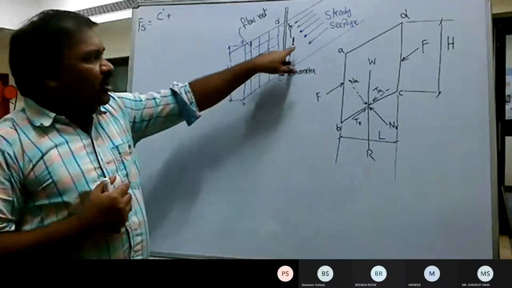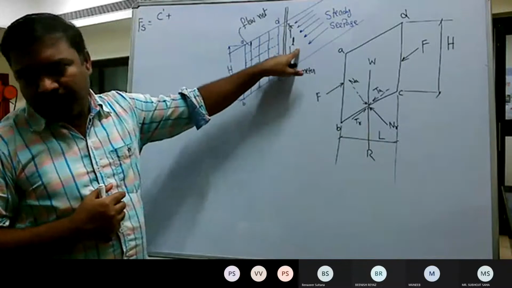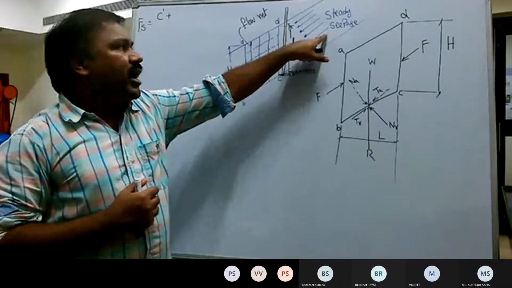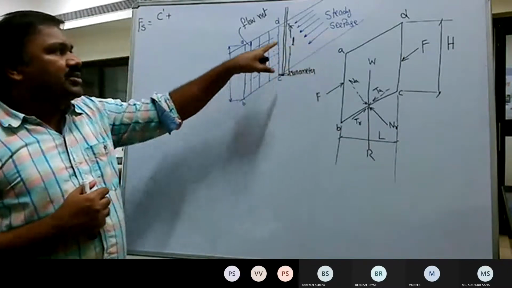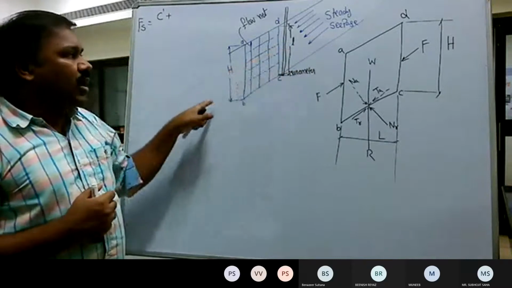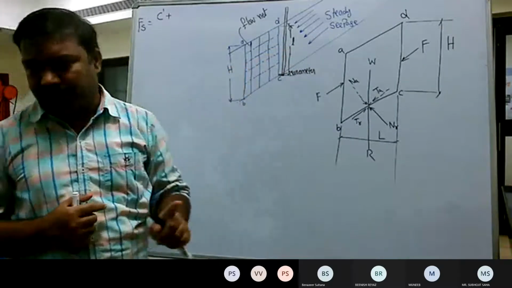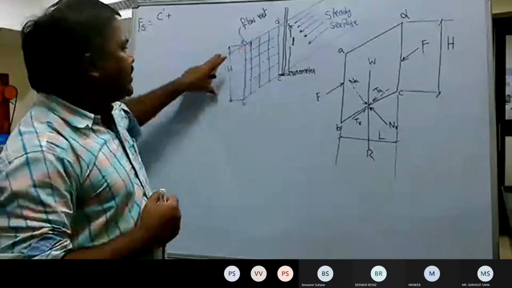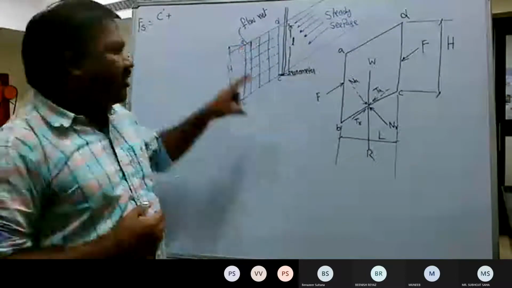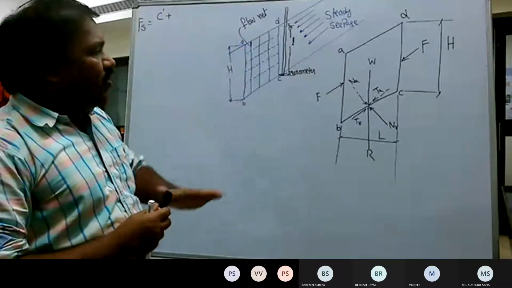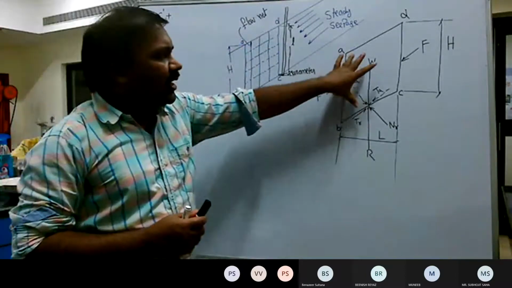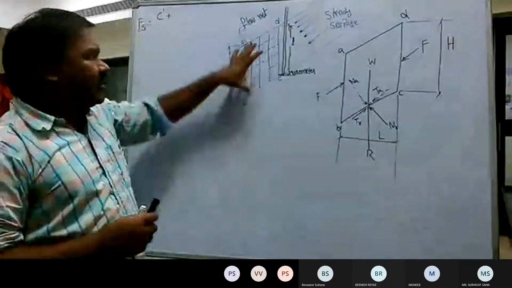Suppose you look at this infinite slope. These arrows indicate the steady seepage occurring in the downward direction. This h is the depth of the soil strata, the vertical height h. Now I have taken a small area A, B, C, D, the same area.